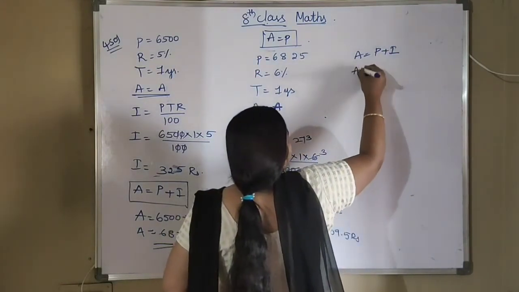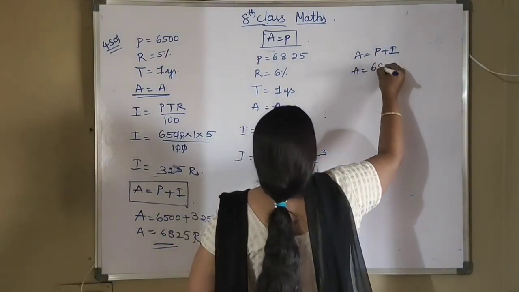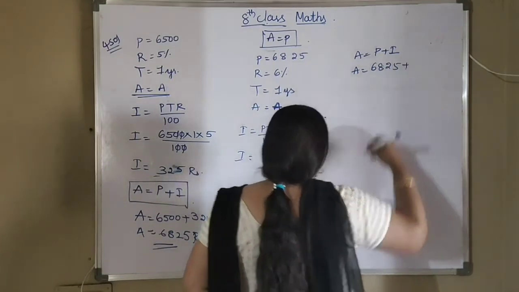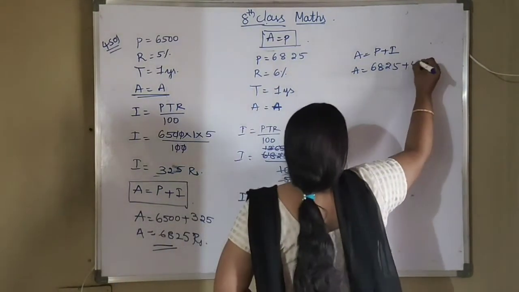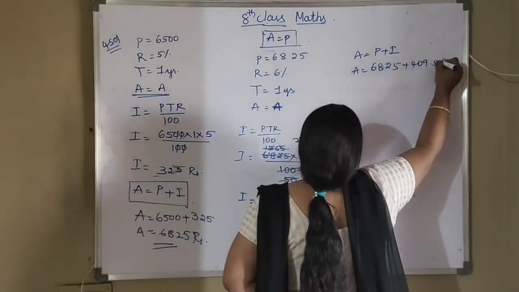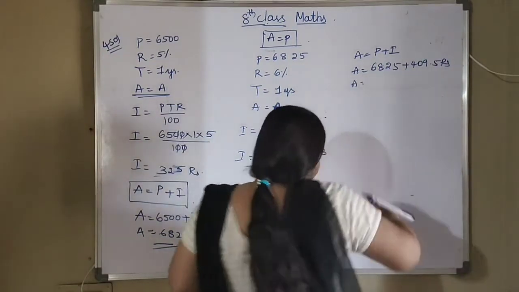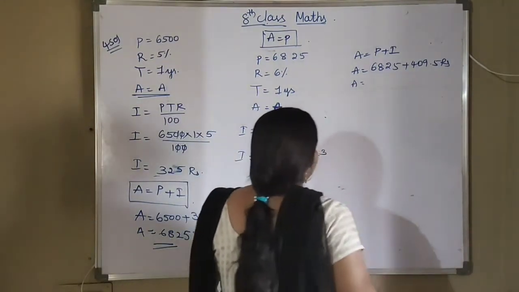So amount is equals to, what is the principal? 6,825 plus the interest value 409.5 rupees. Now add these two.